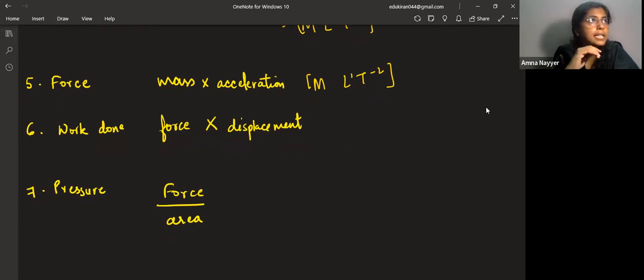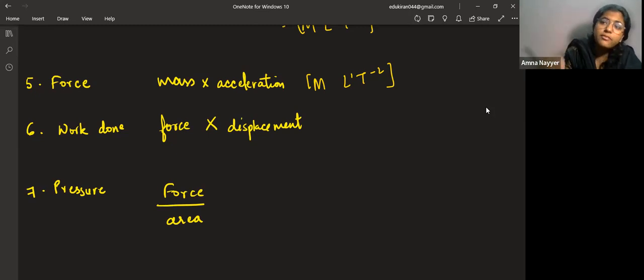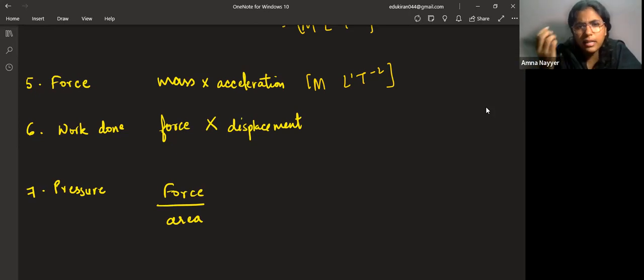If I do not remember acceleration, I'll divide velocity by time first, and to get velocity, I'll divide distance by time. So many steps will be there. It's better to just remember the formula directly, so that acceleration, velocity, and force, M L T to the power -2.